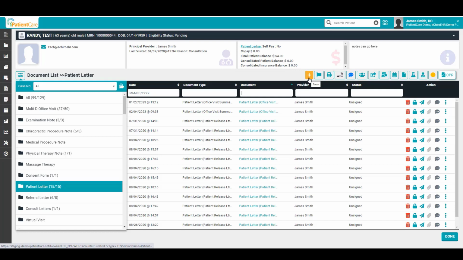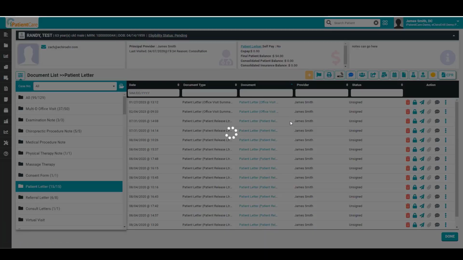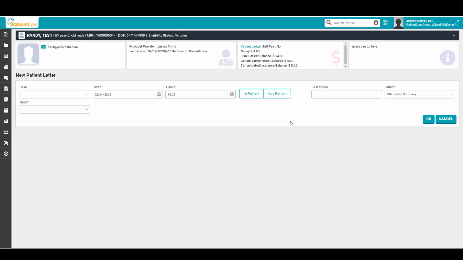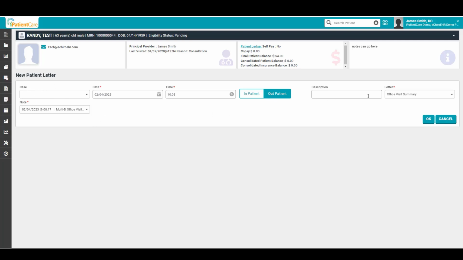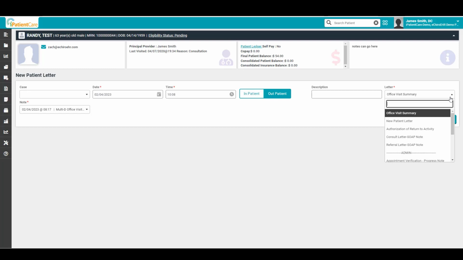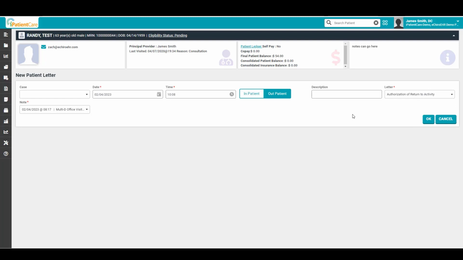We would select add new. Identify what note that we will be documenting this patient letter. We will go ahead and select the letter type, which we want this to be an authorization of return of activity back to work. And then we would go ahead and select OK.